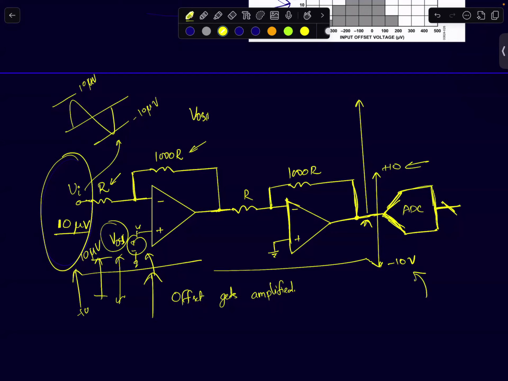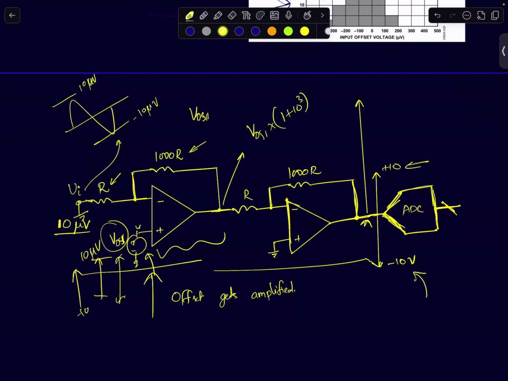So you're right. One of you said 10 power 6. That's right. You can apply the principle of superposition. If you assume your input to be 0, the first stage will act like a non-inverting amplifier. So your offset will get amplified by a factor of VOS1 into 1 plus 10 power 3.